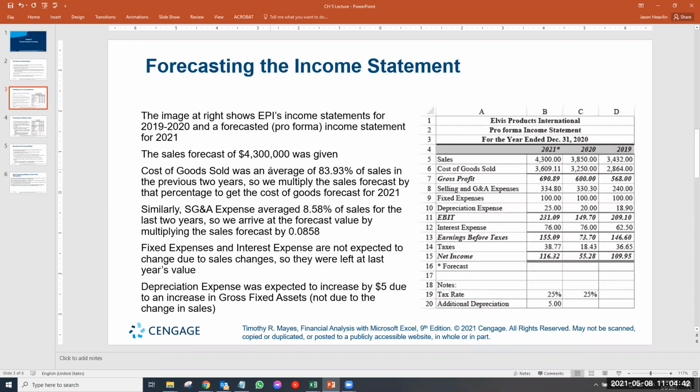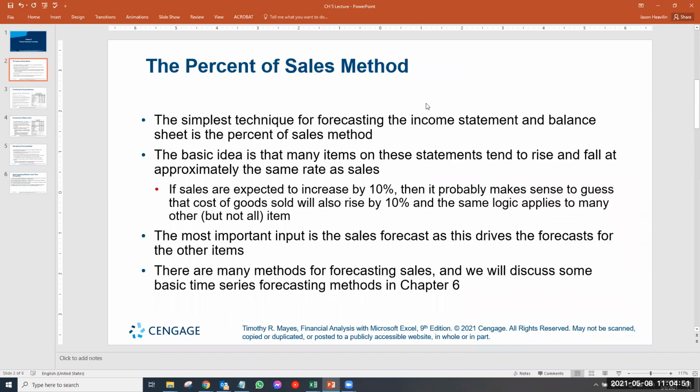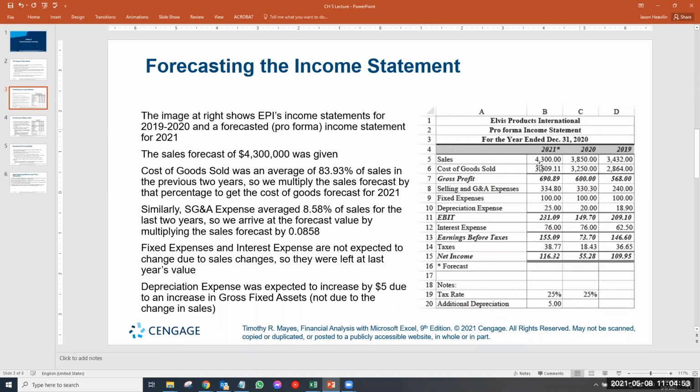Here's a quick example of what it's going to look like. The actual process, we'll discuss it in an Excel sheet, a different video. What you're seeing here is the previous 2 years, 2019 and 2020, and 2021 is going to be the year being forecasted.